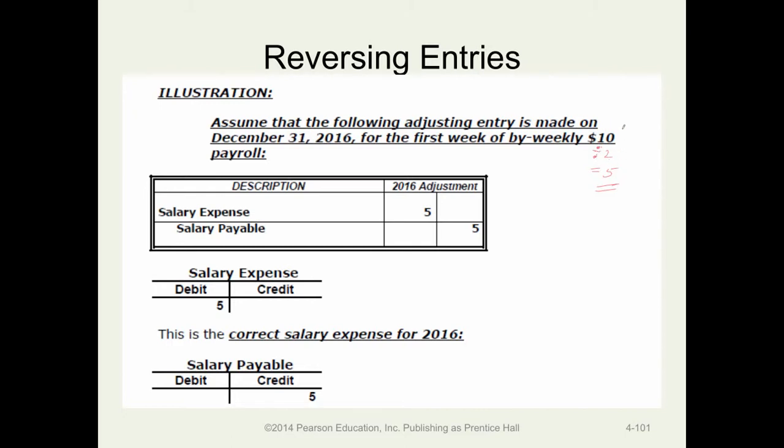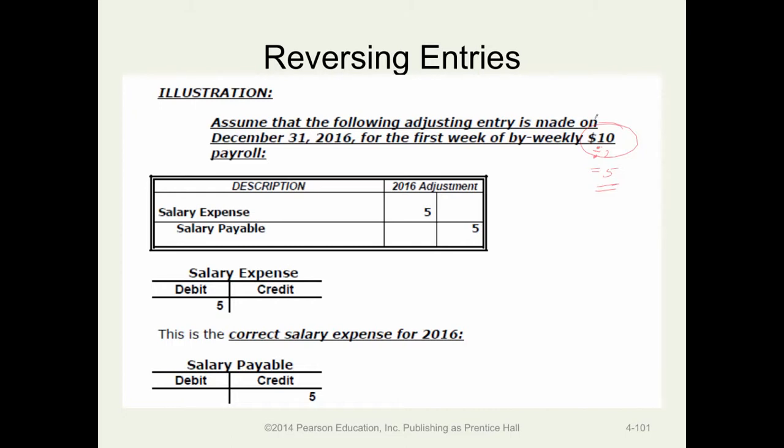So you have 1 week of a 2-week payroll that was earned by your employees, therefore incurred by the company, unpaid, unrecorded at the end of the accounting period. So that for 2016, you have to debit salary expense and credit salary payable to ensure that you have the correct salary expense for that period.